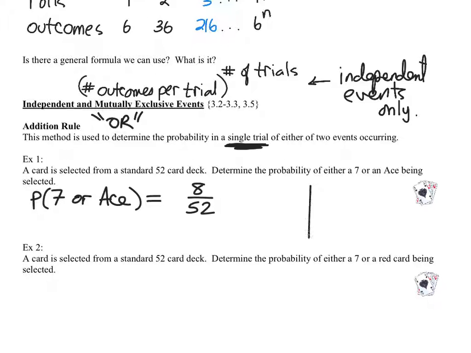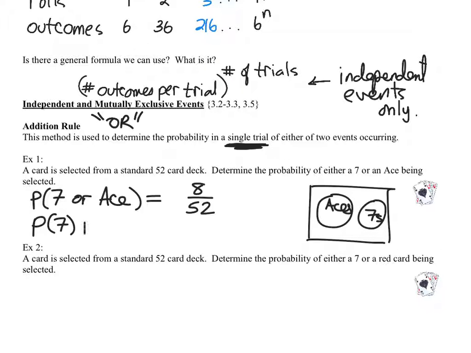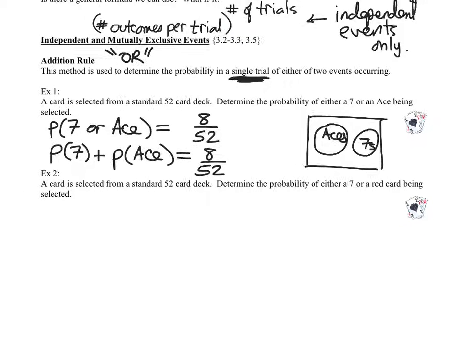If I draw a Venn diagram, we have the set of aces and the set of sevens. There's no overlap between the two. So that tells me I can take the probability of getting a 7 and add to it the probability of getting an ace. Since each one of them is 4 out of 52, there's 4 of each card in the deck, we get a total of 8 out of 52, and that's the end of it.